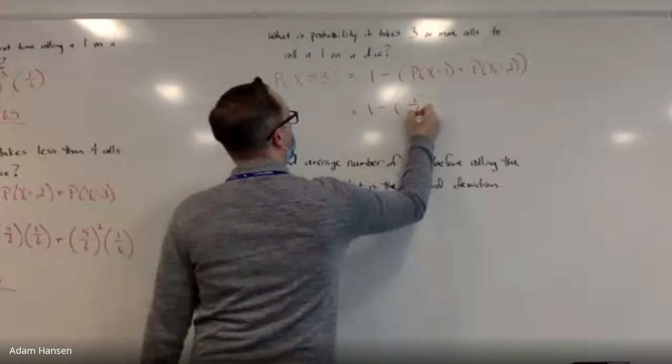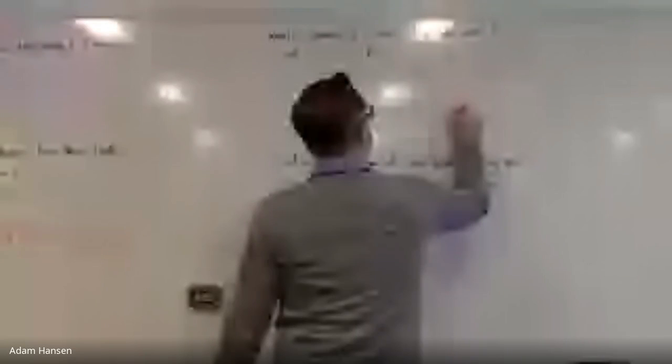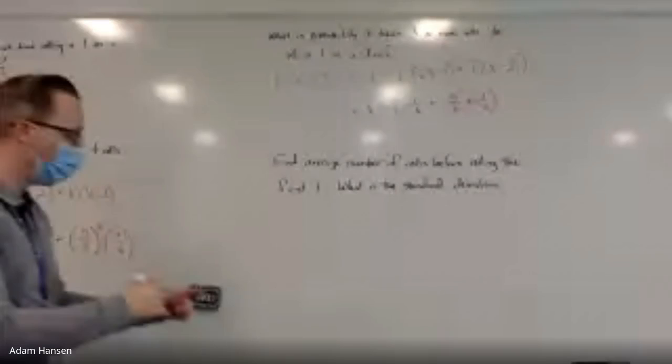So let's see here. 1 minus 1/6 plus 5/6 times 1/6. We've used those 2 before.